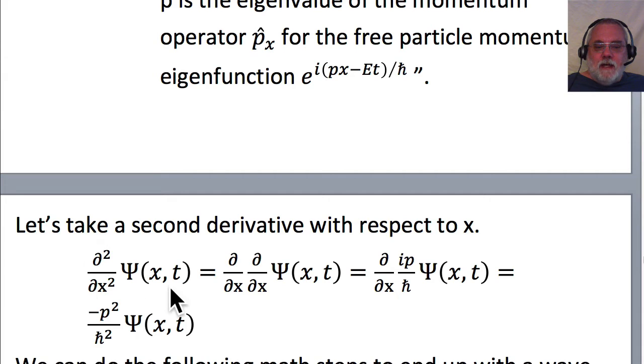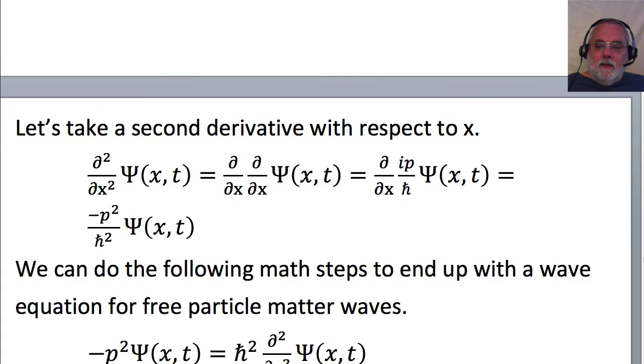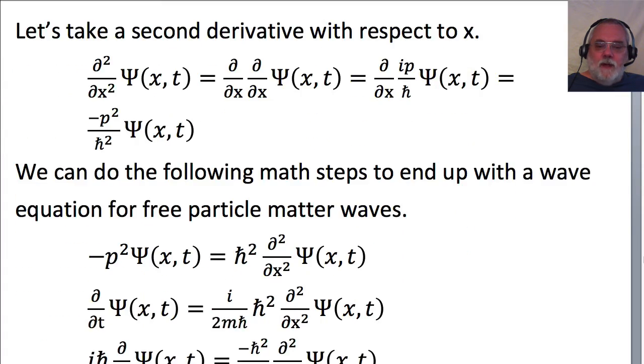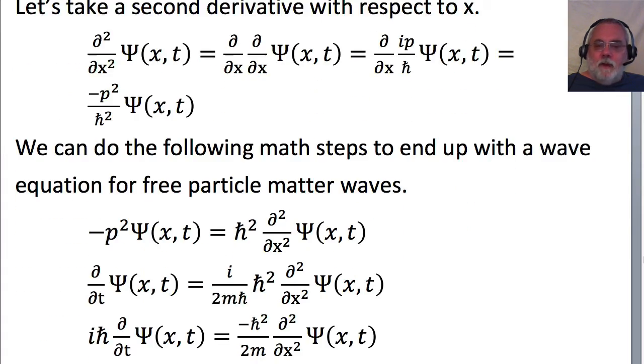So the second derivative of psi with respect to x and t is minus p squared over h bar squared psi of x and t. Now we can do the following math steps to end up with a wave equation for free particle matter waves. We can rearrange it so we get minus p squared psi is h bar squared times the second derivative of psi.